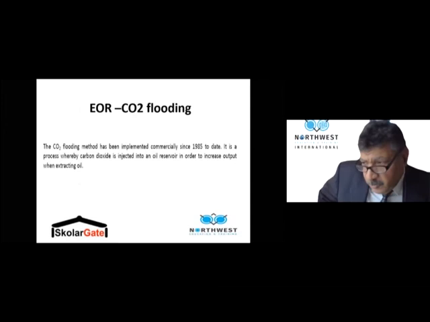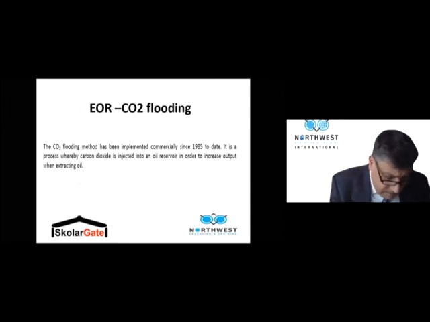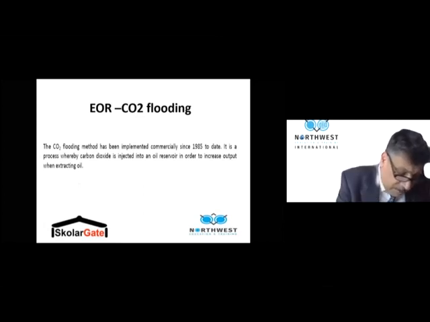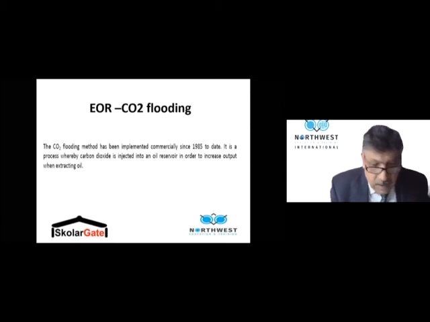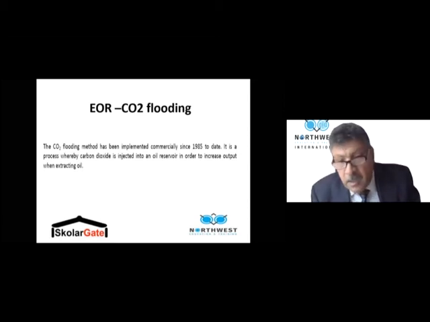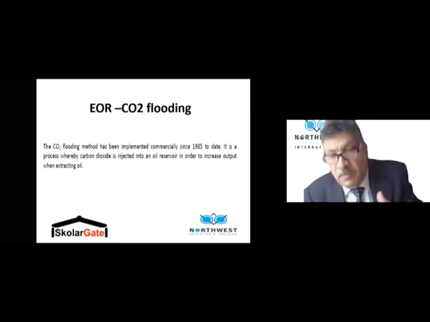People also talk about the environment and global warming. CO2 is very good in order to fight global warming, the environmental impact, carbon impacts.